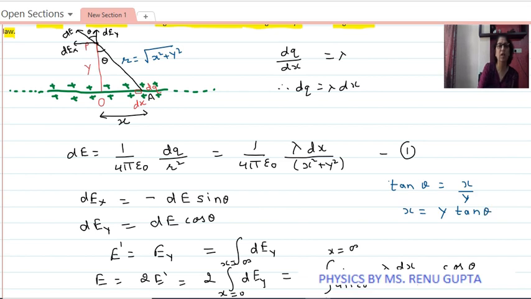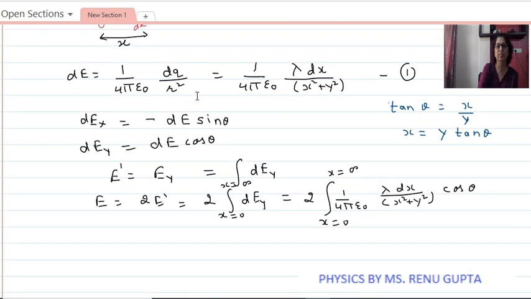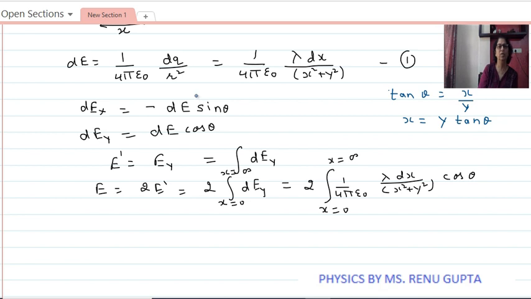So now we put this value in our equation. We have x equals y tan theta, but we want dx, so we differentiate it. So dx equals y times the differentiation of tan theta, which is secant square theta d theta.